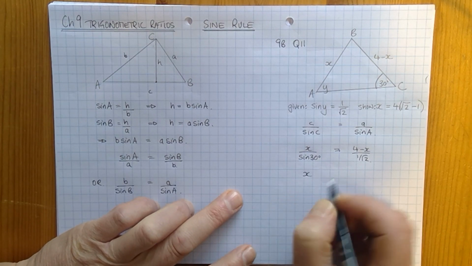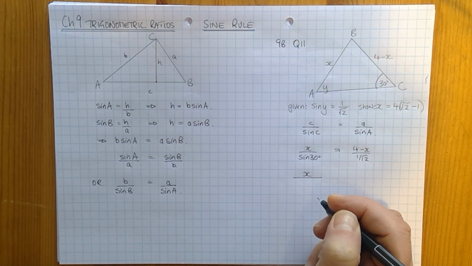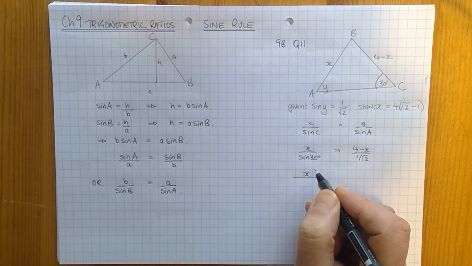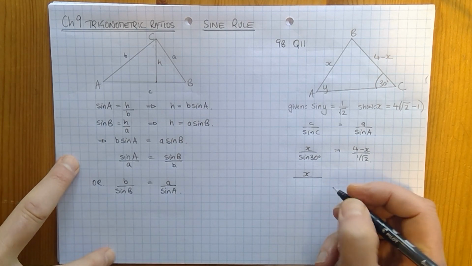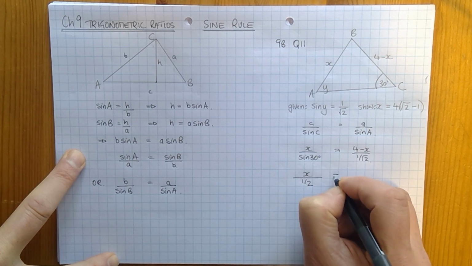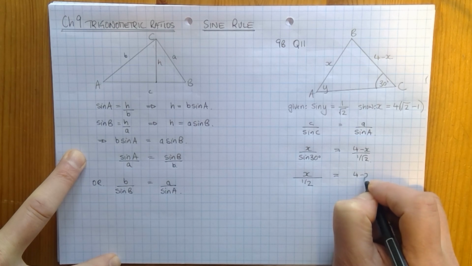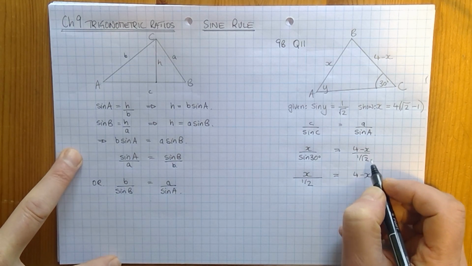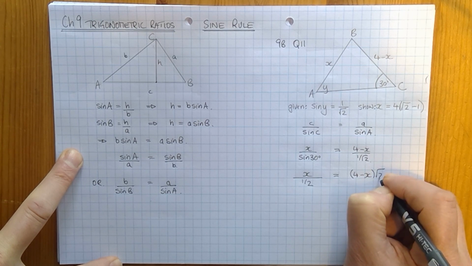Sine 30, we should know from exact values of sine and cos and so on, that from a 60, 60, 60 equilateral triangle, the sine of 30 is 1 over 2. 4 minus x, if I'm dividing by 1 over root 2, that's the same as multiplying by root 2.